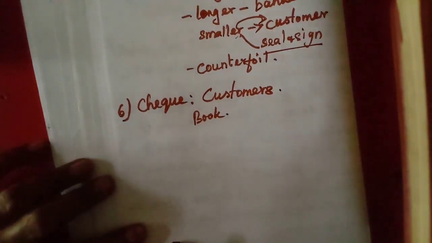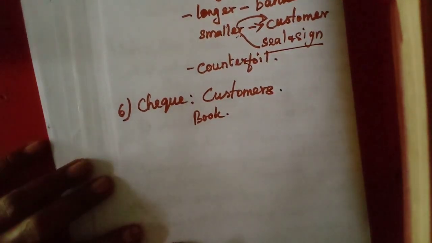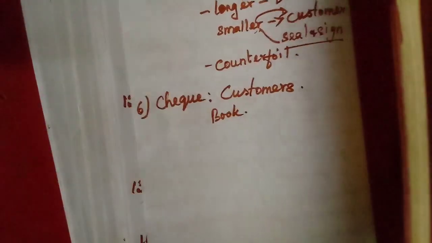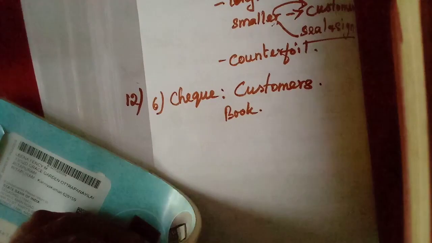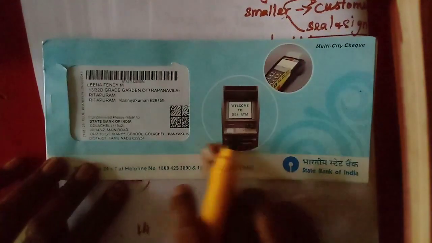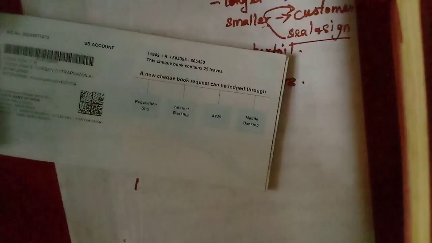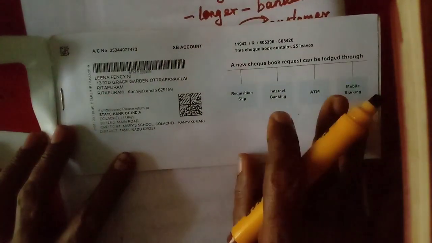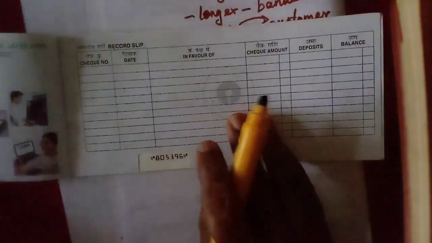I will show you the checkbook. See, this is my checkbook. Till now, I have not used anything. For 2-3 months it is with me only. My name, everything is entered.